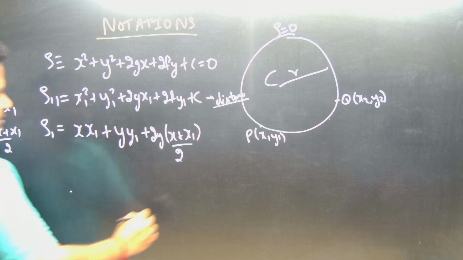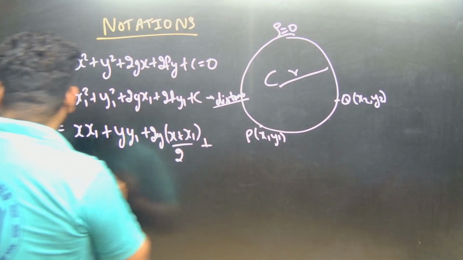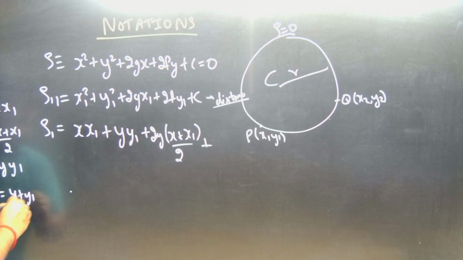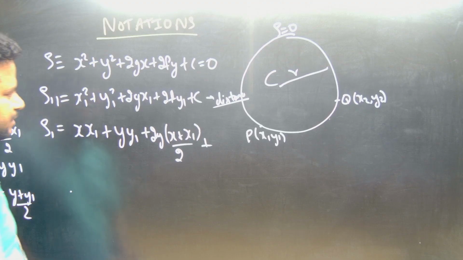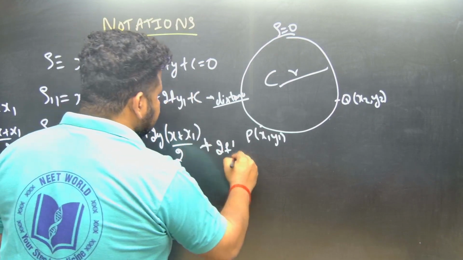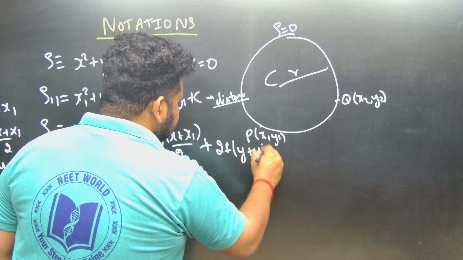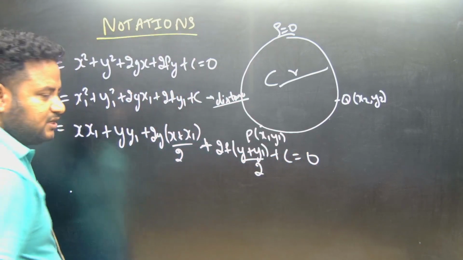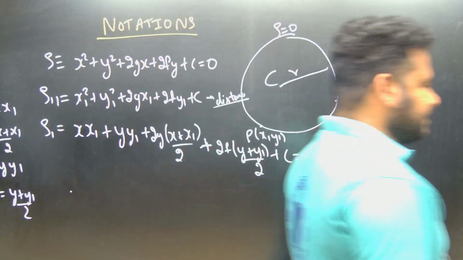Same thing for y. Wherever y square is there, write y into y1. Wherever y is there, write y plus y1 by 2. This is the notation. So plus 2 times f into y plus y1 by 2 plus c is equal to 0. This is the equation you will be getting. Please make a note of it.